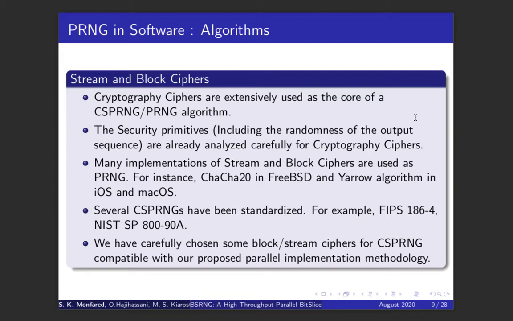Many implementations based on stream and block ciphers are used today. For instance, ChaCha in FreeBSD or the Yarrow algorithm in iOS and macOS, and several standards have been proposed and introduced by FIPS or NIST. In this work, we have carefully chosen some block and stream ciphers as CSPRNGs compatible with the proposed parallel implementation methodology, which will be discussed in the upcoming slides.